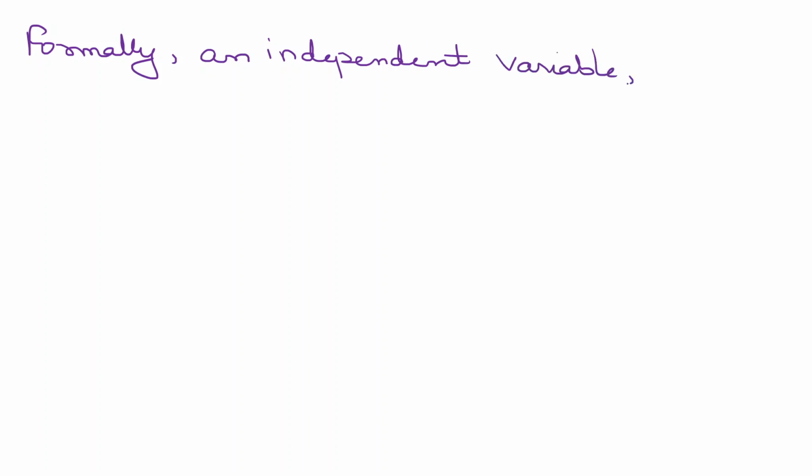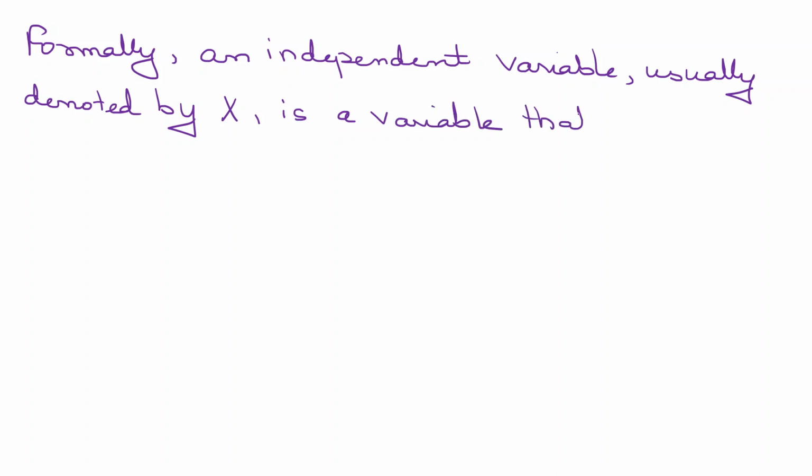So formally, an independent variable, which is usually denoted by x, is a variable that possibly influences the value of the dependent variable.